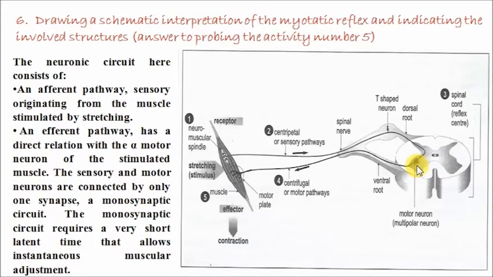So the message is going to move along the ventral root, carried by the alpha motor fiber via a centrifugal pathway, reaching finally the extrafusal part of the muscle, which is forming with the alpha motor fiber the motor end plate, causing the muscle to respond to its stretching by contracting.